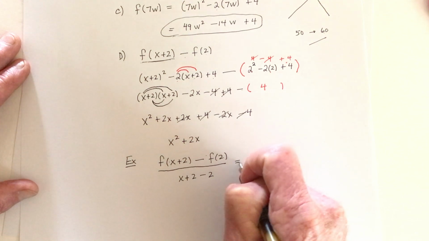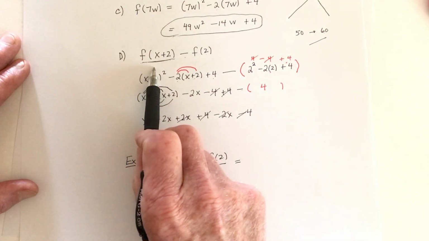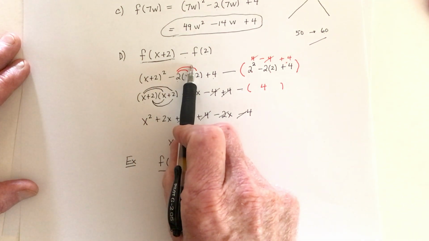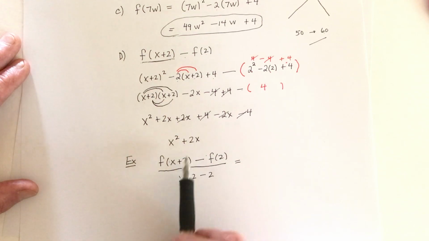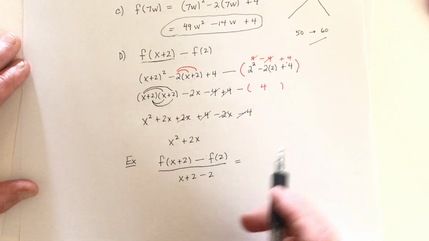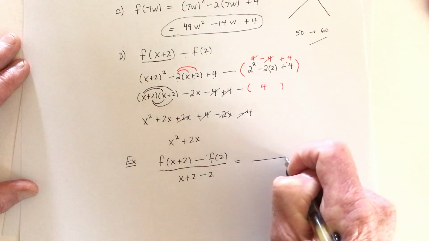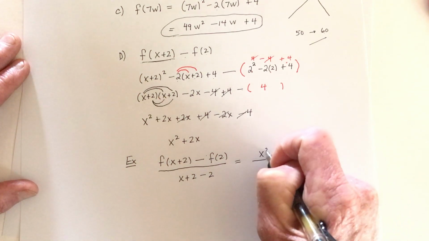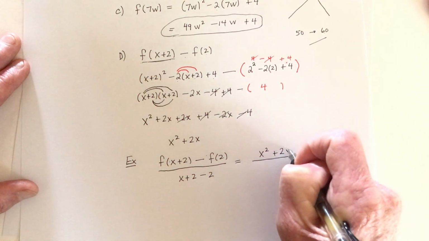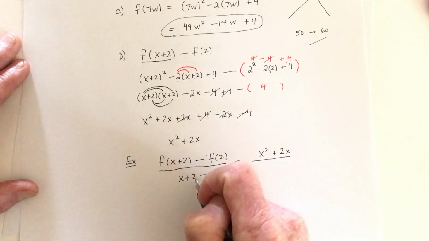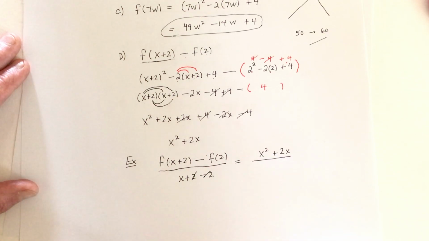And because I already did the top part for part D, I can just take that answer. I'm not going to redo that work because I already did that work. That is x squared plus 2x. And on the bottom, these 2's are going to cancel, so all that's left is an x.